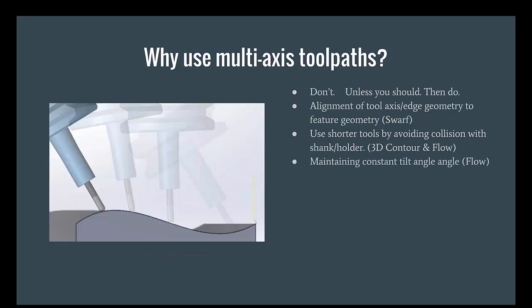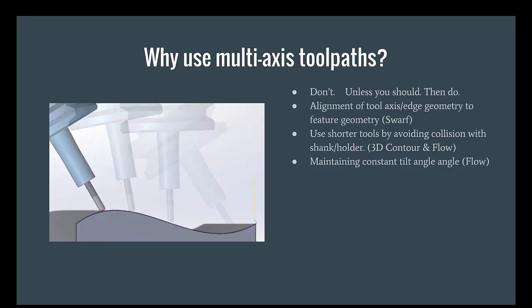I think one of the other reasons is to maintain a constant tilt angle. I would hope most people know that machining with the tip of a ball end mill is a pretty bad place to be, and once you have the ability to tilt, a lot of the time you'll find yourself doing it purely just to get a better surface finish in an instance where a surface transitions from one slope to another and crosses over the tip of the tool.